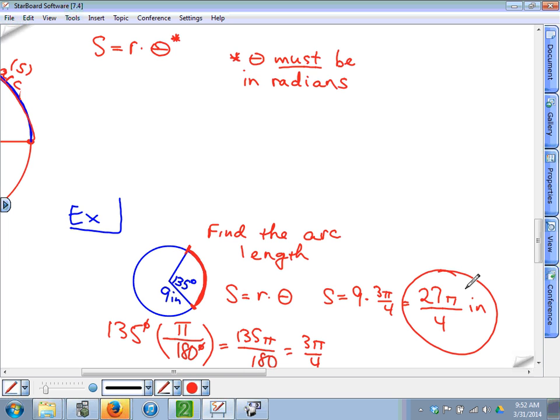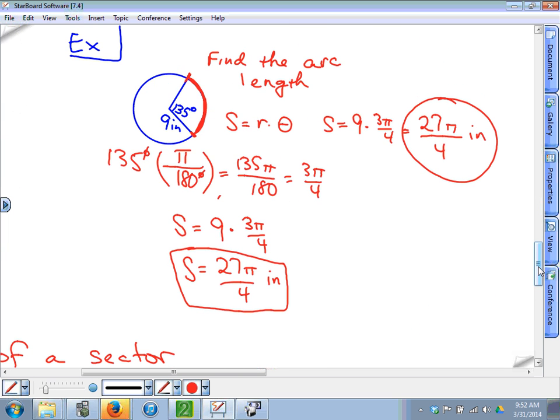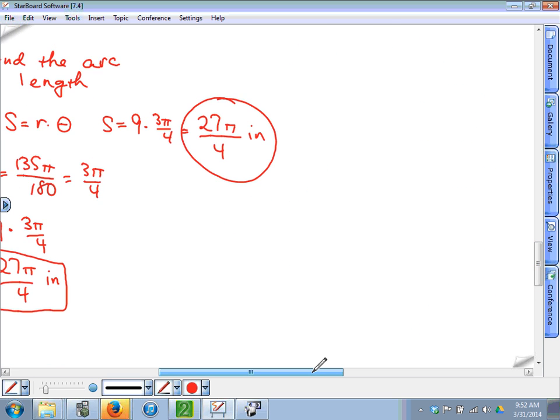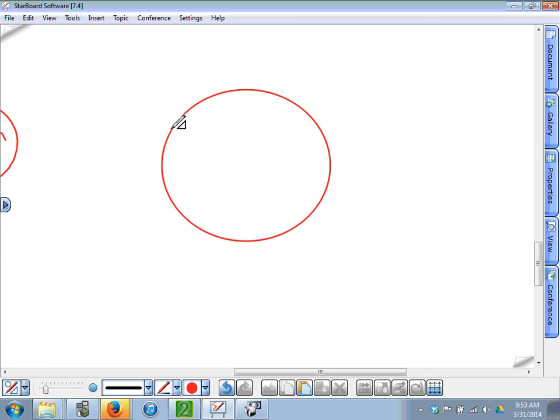So let me help you with number 9. So this is number 9. The radius was, what did you say it was? 12 miles.